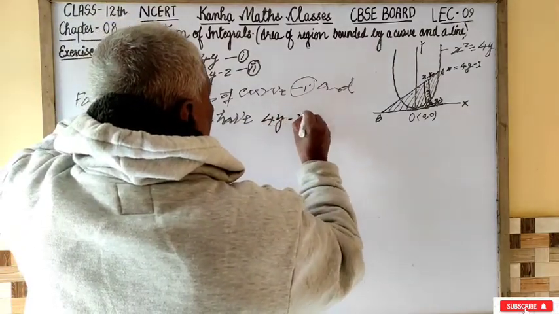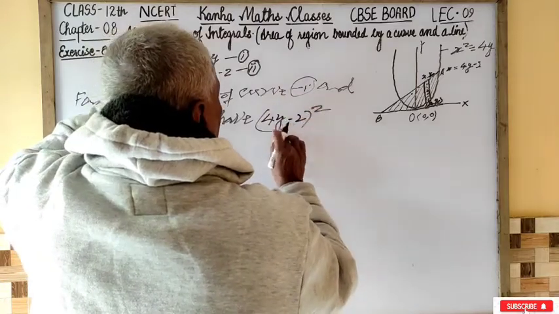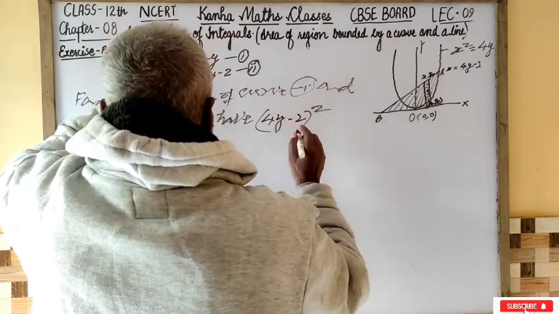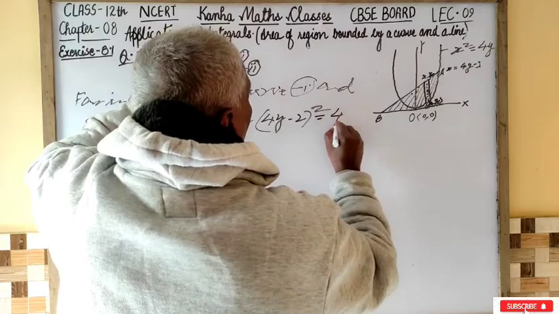So, 4y minus 2 whole square is equal to 4y.